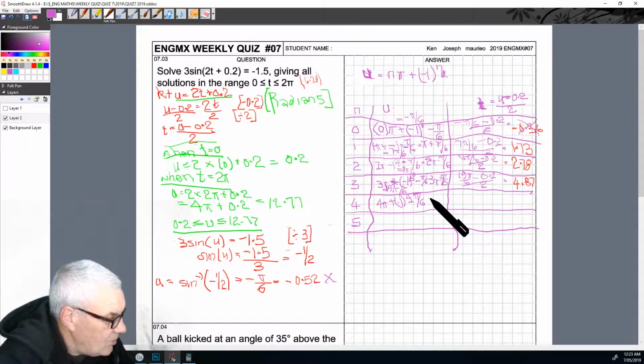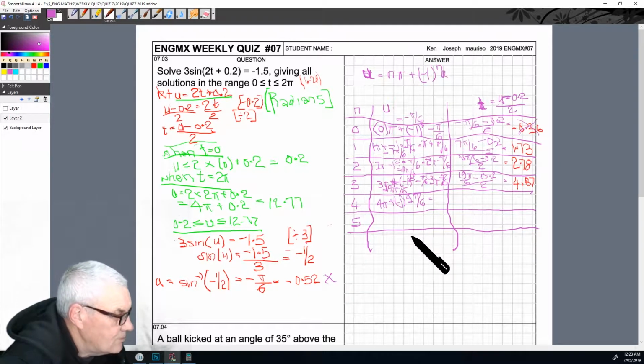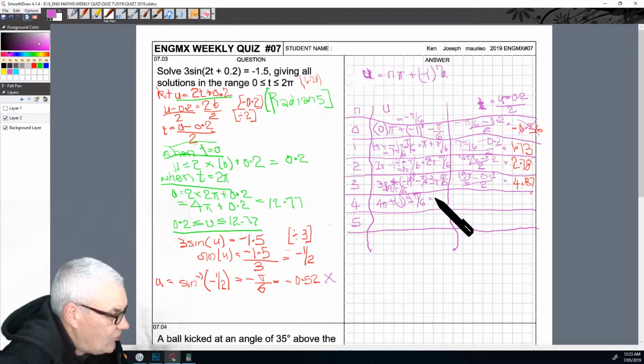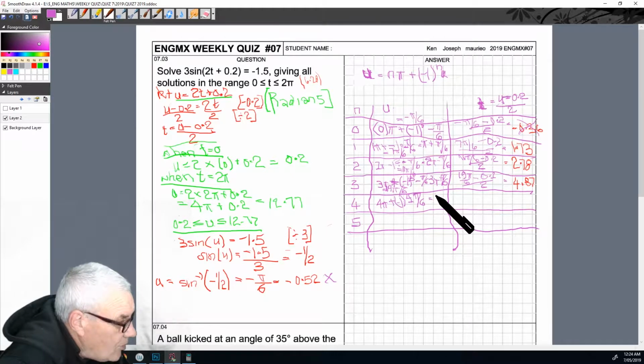So that's going to be 4 pi minus pi by 6. So 4 sixes, that's going to be 23 pi by 6.